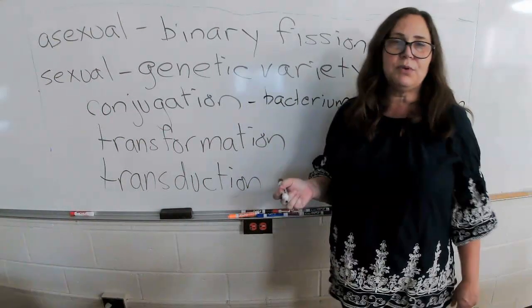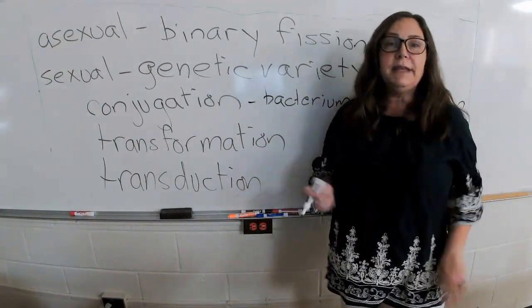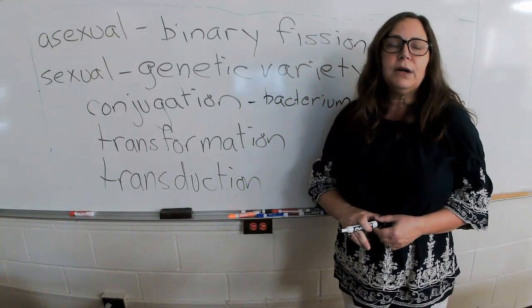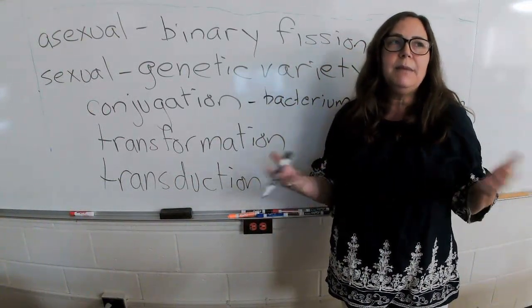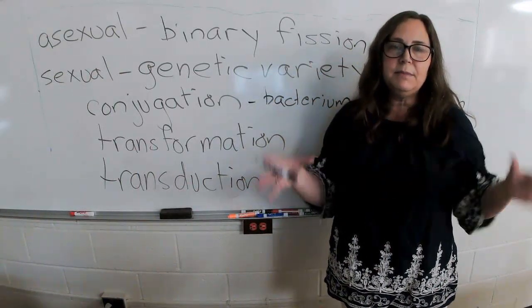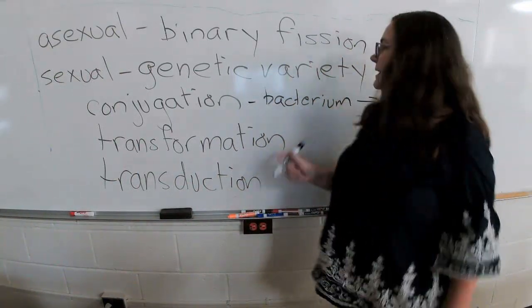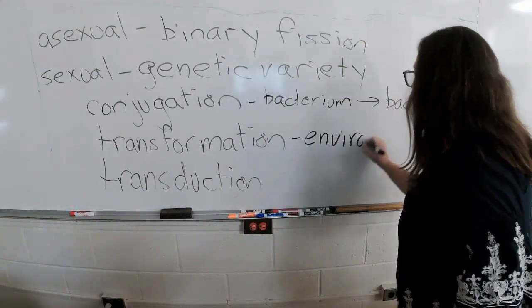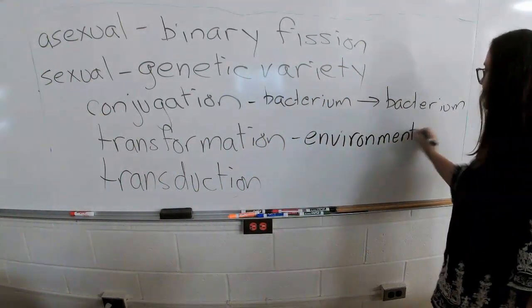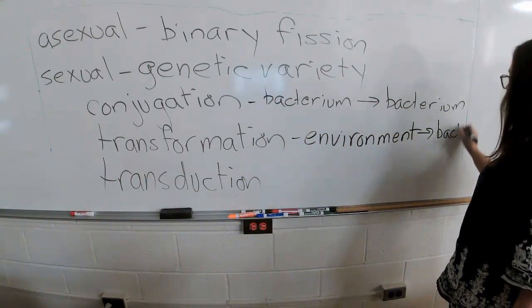Transformation, remember, was a process discovered by Frederick Griffith where bacteria can take up DNA from their environment, maybe from bacteria around them that have died. So transformation is from the environment into a bacterium.